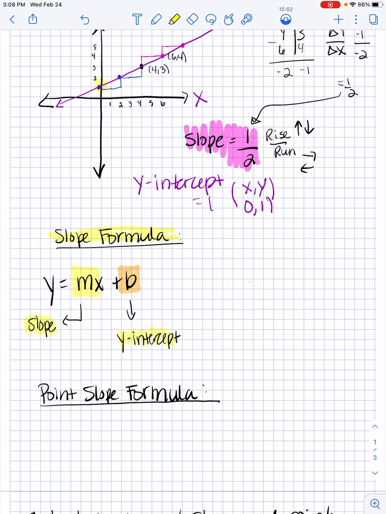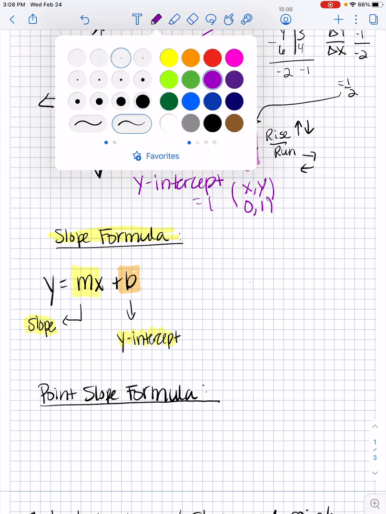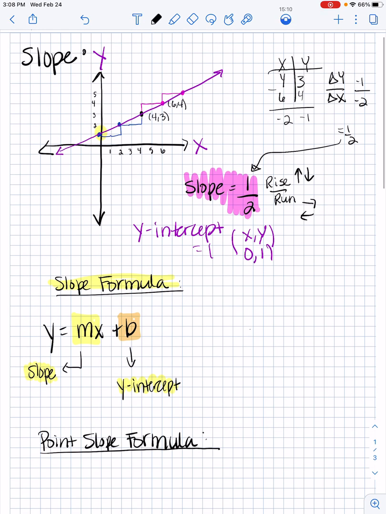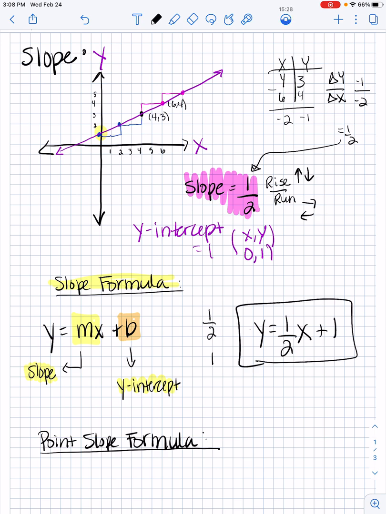If you're given these numbers, all you have to do is plug in the numbers. From the problem above, we know that the slope was 1/2, and the y-intercept is 1. So we could rewrite this as y equals 1/2 x plus 1, and that would be the equation you would write using those numbers.